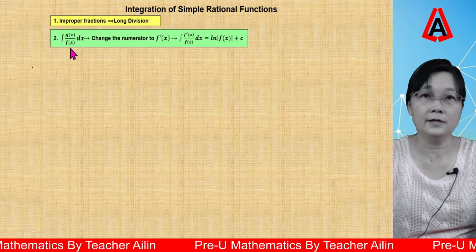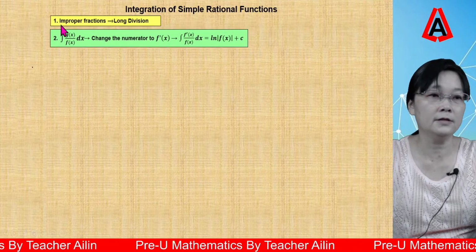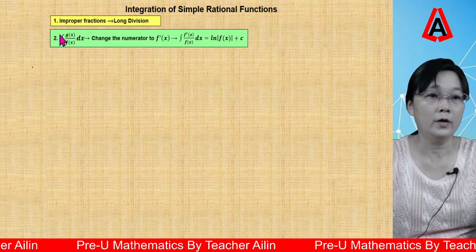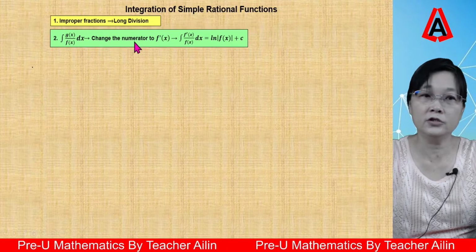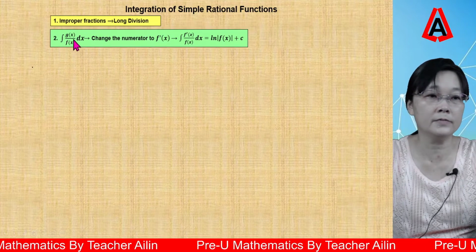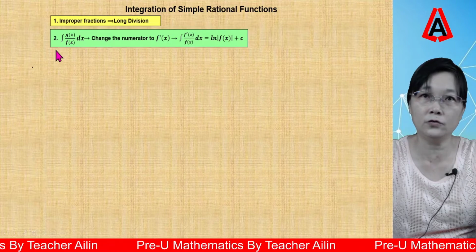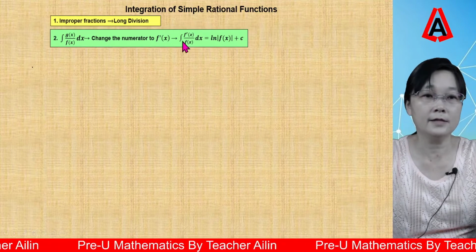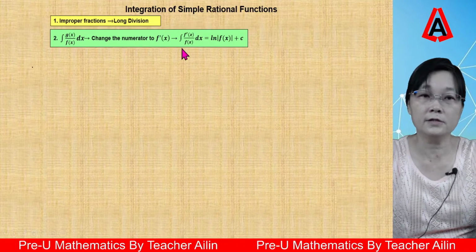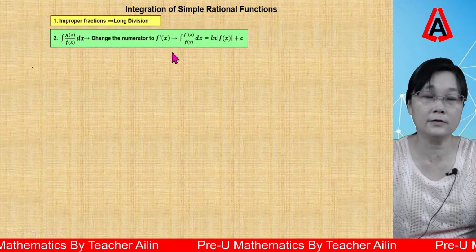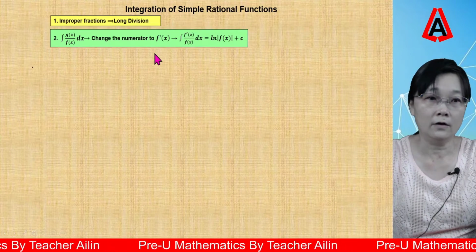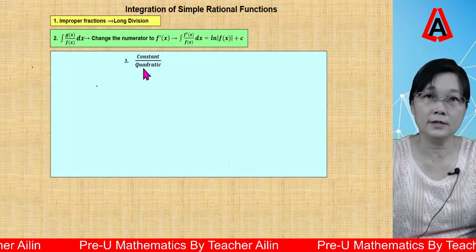Next, if it is a proper rational function, then we must double check whether we are able to change the numerator to become the derivative of the denominator. If yes, then we are going to use this formula to do the integration. If not, then we go to the third step.